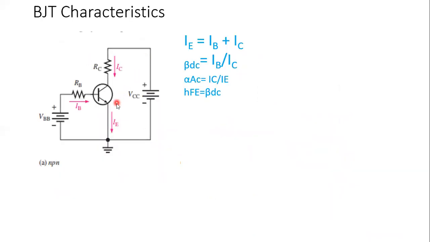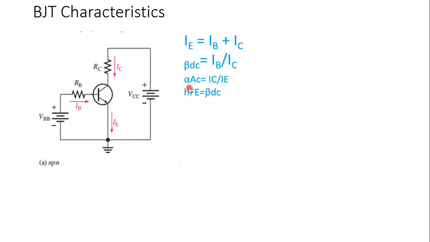BJT characteristics. You apply KCL in this condition. Assume that this is a node. So total current flowing out of the node is the sum of the two currents entering the node. So IE is equal to IB plus IC. Beta DC is the current gain, which is defined as the ratio of the collector current upon the base current.